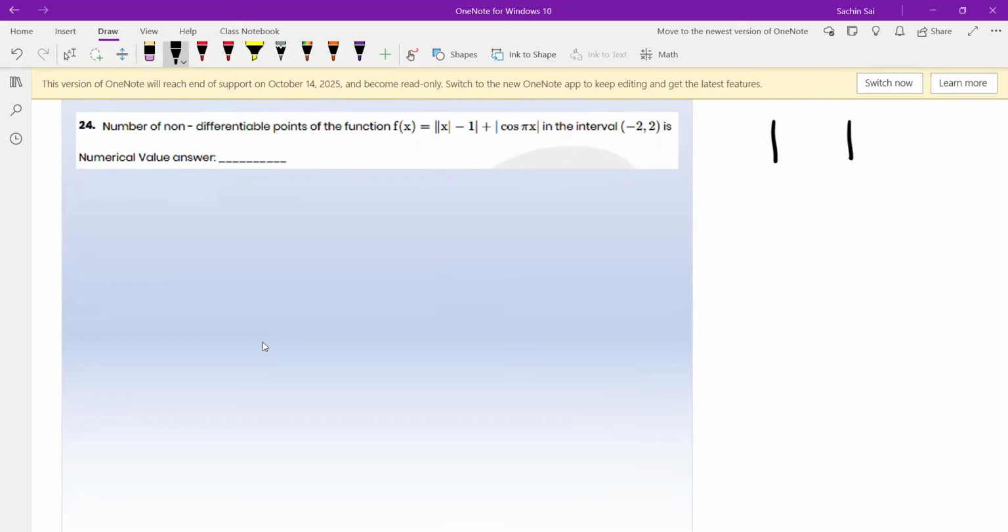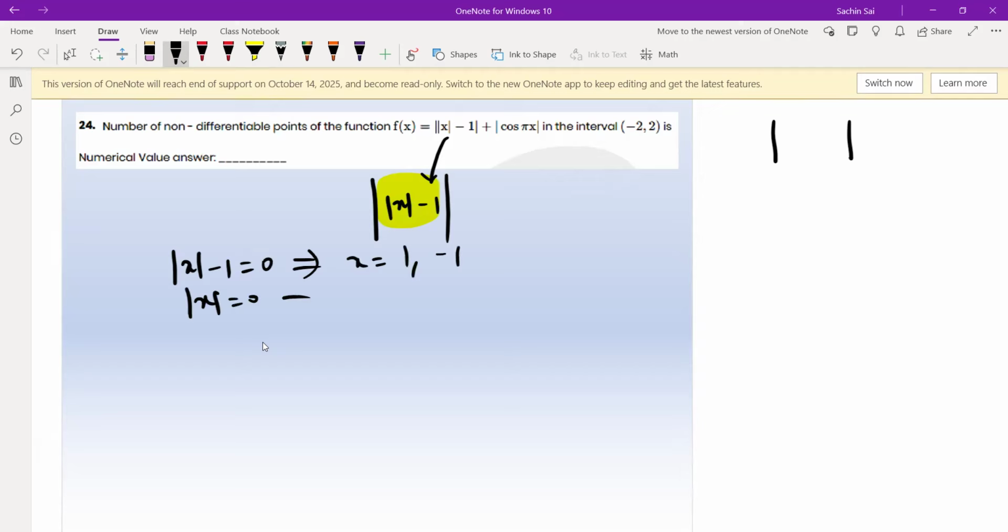And here in the first part of the function, we have modulus of mod x minus 1, right? Which means we have to first check where mod x minus 1 becomes 0 and also where mod x becomes 0, right? So when is mod x minus 1 equal to 0? This is when x equals 1 or minus 1. When is mod x equal to 0? This is when x equals 0.